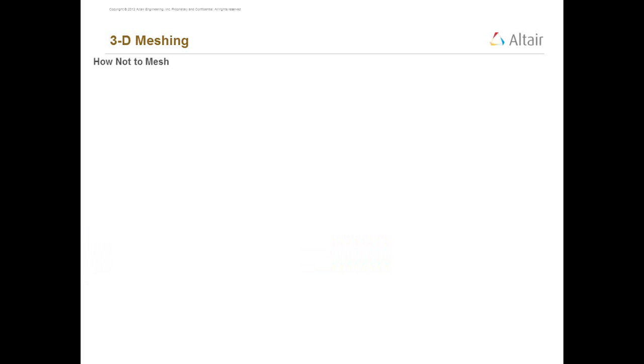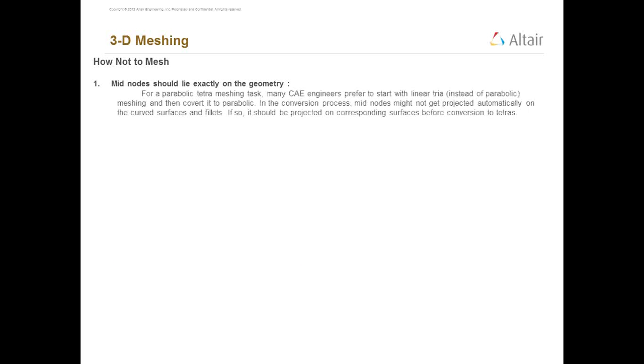Then how not to mesh for 3D meshing? First point is the mid node should lie exactly on the geometry. For a parabolic, that is second order, tetra meshing task, many CAE engineers prefer to start with linear tetra, that is first order, instead of parabolic meshing, and then convert it into parabolic, that is second order.